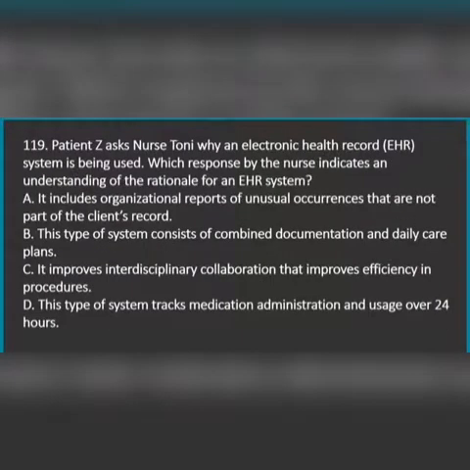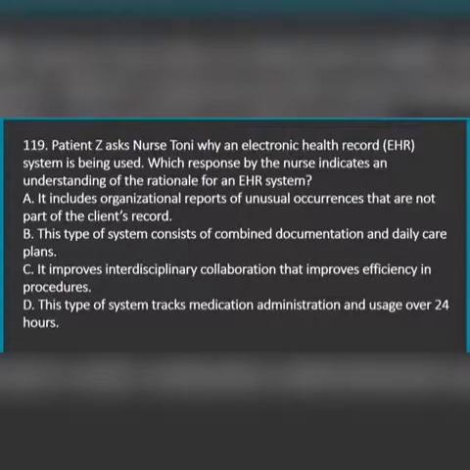Question 119. Patient Z asks Nurse Tony why an electronic health record (EHR) system is being used. Which response by the nurse indicates an understanding of the rationale for an EHR system? A. It includes organizational reports of unusual occurrences that are not part of the client's record.